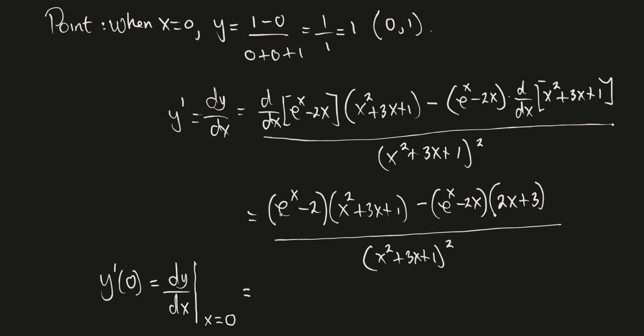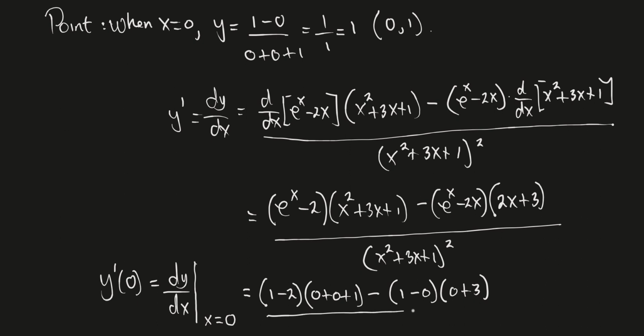Well, let's evaluate it term by term. In the first pair of parentheses, we have 1 minus 2. In the second pair of parentheses in the numerator, we have 0 plus 1, minus the third pair of parentheses, we have 1 minus 0. And then the fourth pair of parentheses, we have 0 plus 3. And then at the bottom, we're going to have 0 plus 1, squared, right?